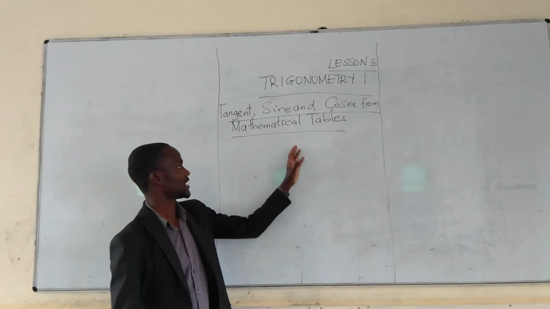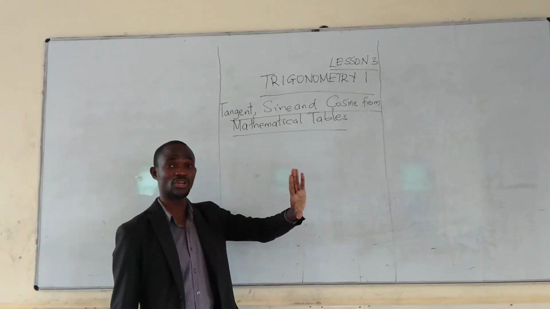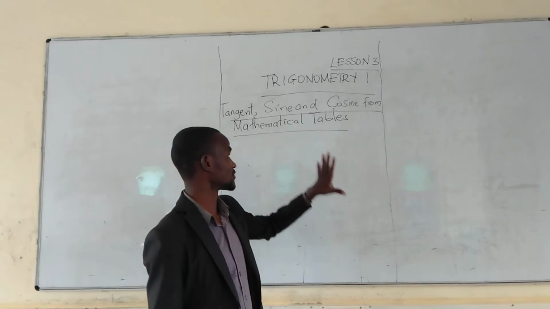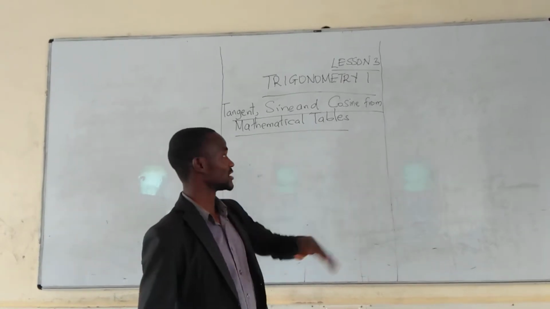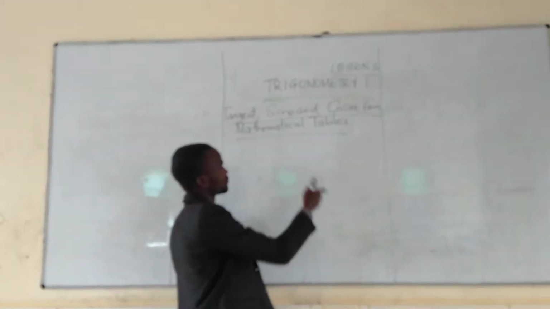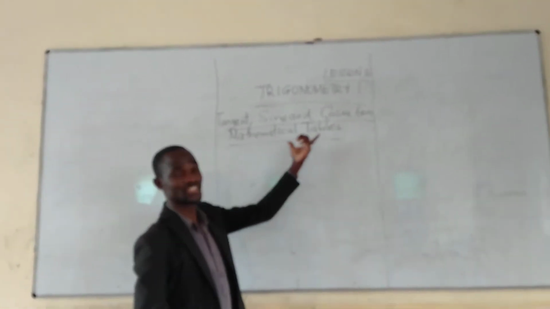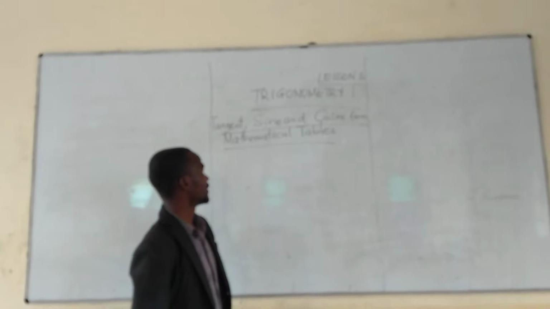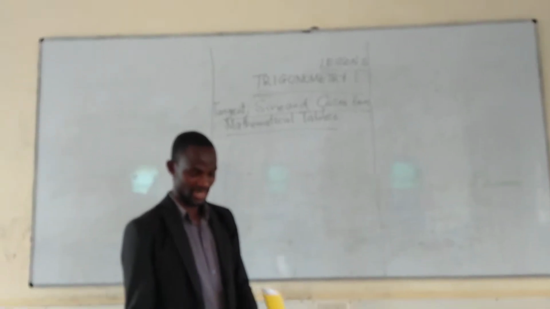And today, the same way we were looking at the logarithms of numbers from the table, it is actually the same procedure, but now the only difference is that we go to the tangent, the sine and the cosine, when we are looking at the different angles.